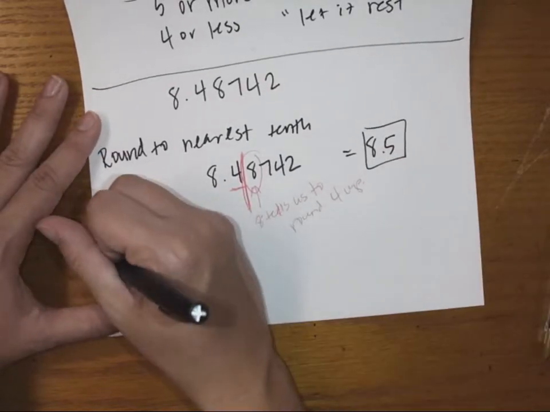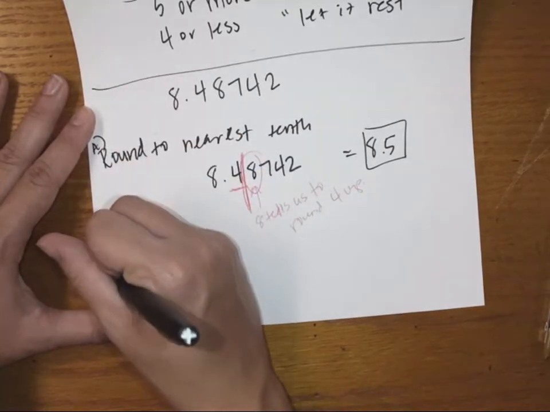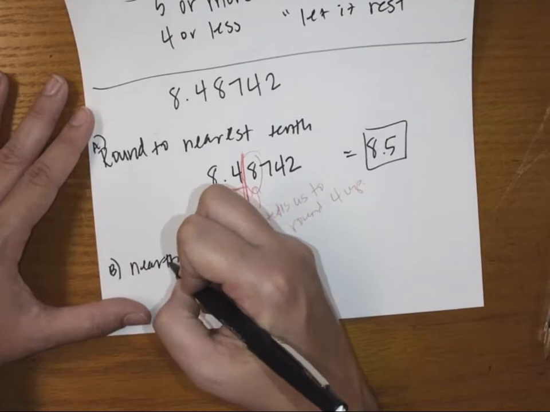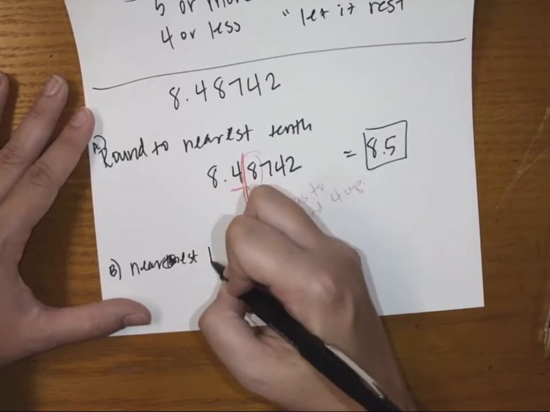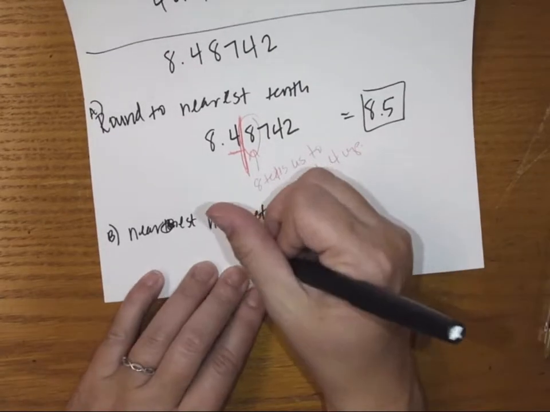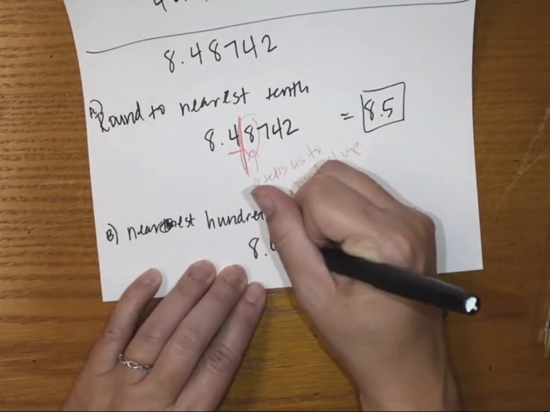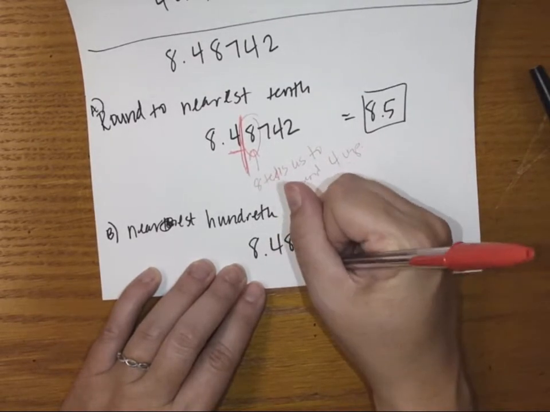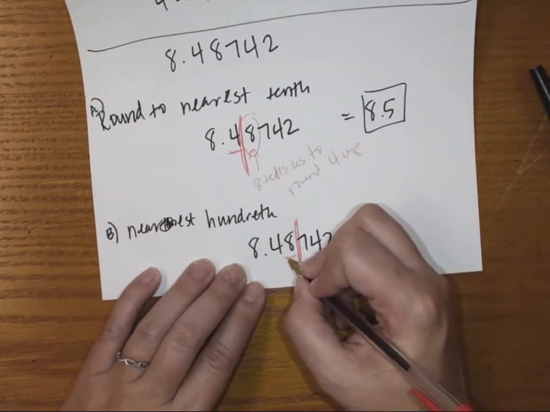Okay. If I wanted to do the same number, so let's say it's part B, but this time I want to round to the nearest hundredth. So the nearest hundredth place would be, rewrite your number. So I'm cutting it off after the hundredth place.